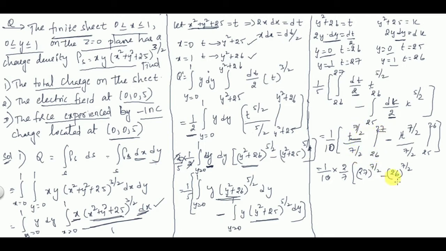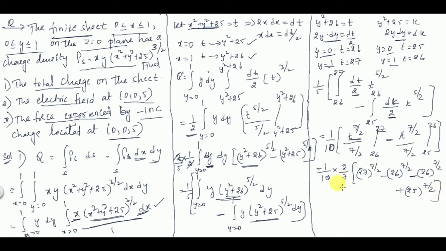This 7 by 2 I have written outside. Right? So minus sign is there, so I am taking minus sign. Upper limit is 26 whole to the power of 7 by 2 minus of minus, so plus 25 whole to the power of 7 by 2.